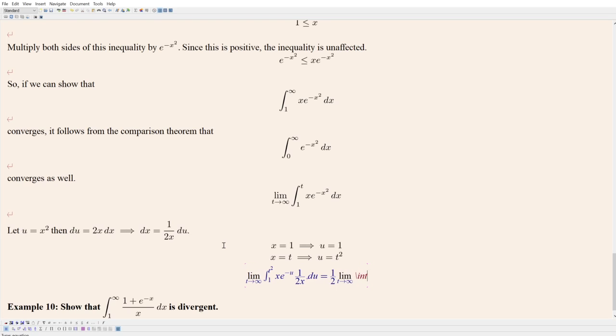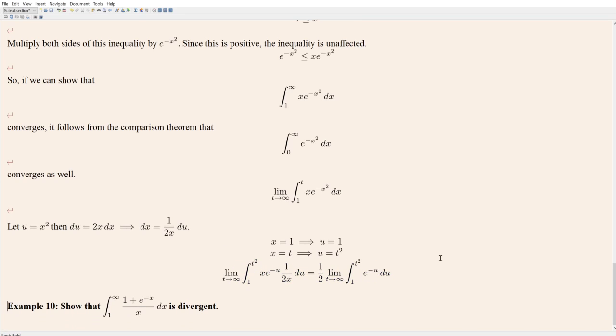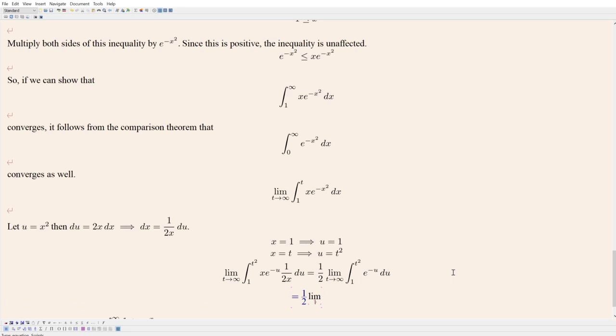Integral from 1 to t squared of e to the negative u du. Okay, so now we can anti-differentiate this. This just becomes minus e to the minus u, evaluated between 1 and t squared.